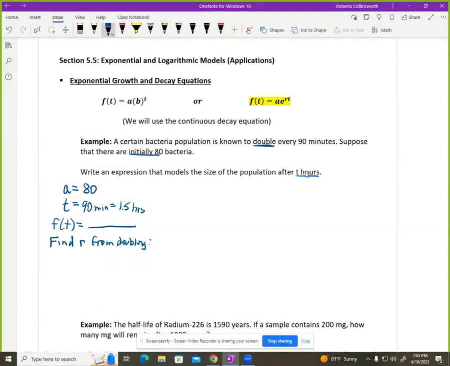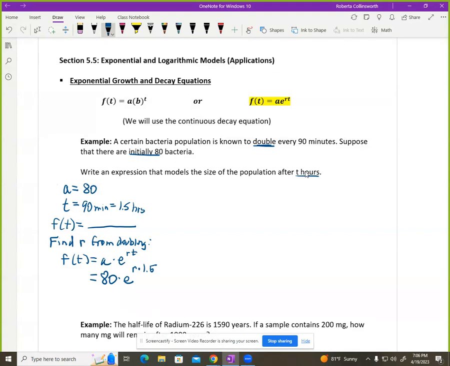So let's write down what we know. I'm going to write down this formula right here, and I'm going to plug in everything that I know. I know that A is 80 times e to the R. I don't know what that is, but I know that T is 1.5.